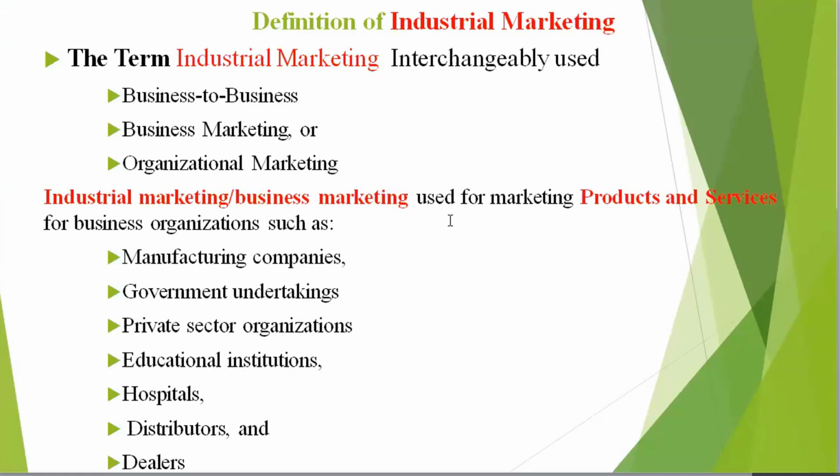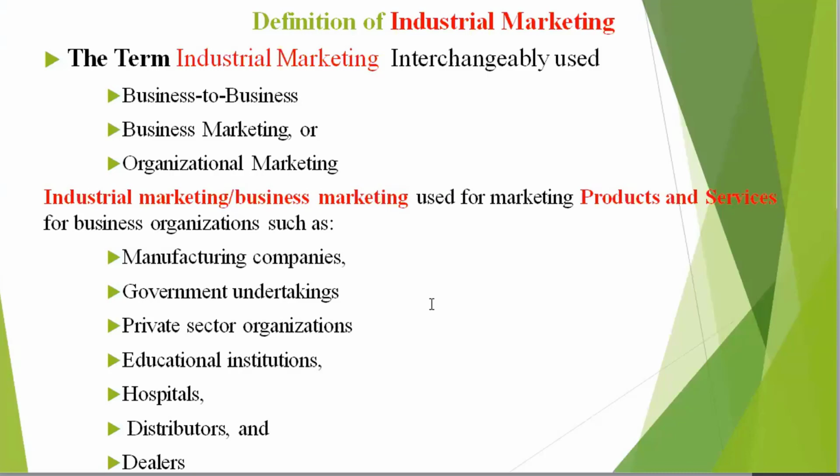These are the customers of a producer. The producer is also a business. So the transaction between these organizations would be business marketing. What makes industrial marketing different from a consumer market?